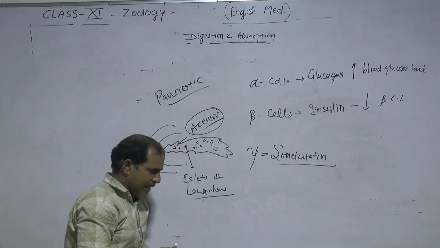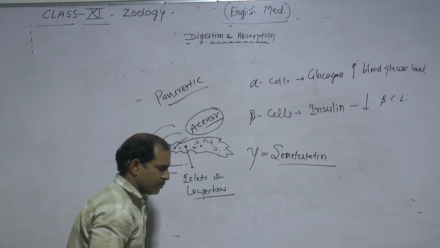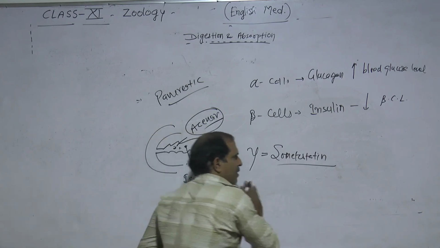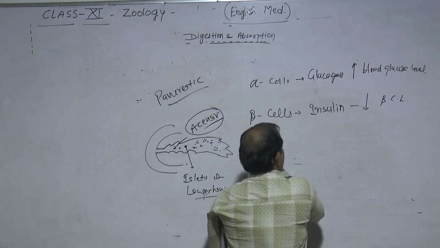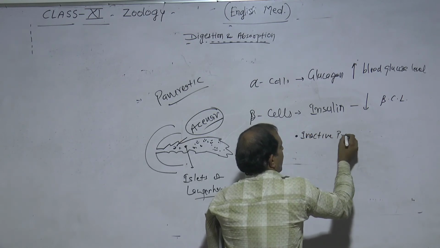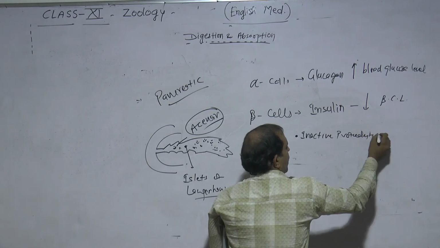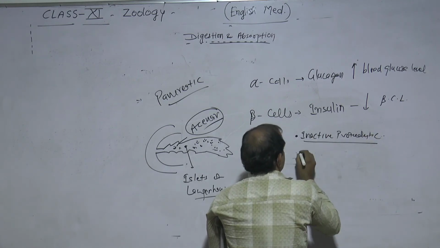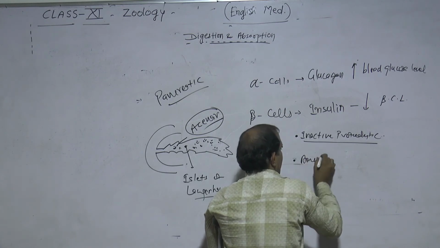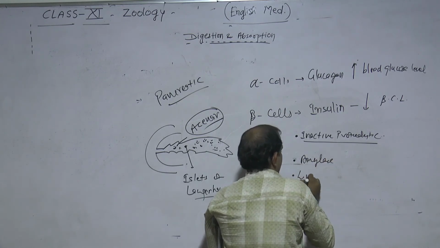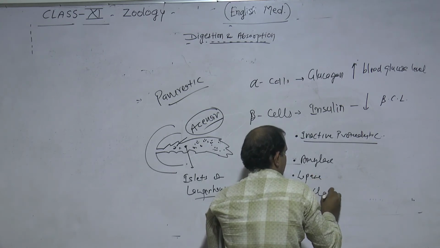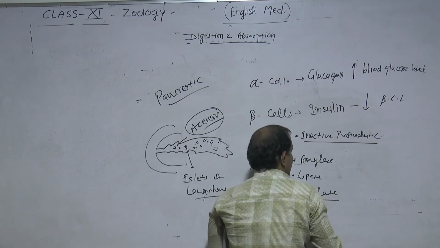And in pancreatic juice, different types of enzymes such as inactive proteolytic enzymes, amylase, lipase, and nuclease are present.